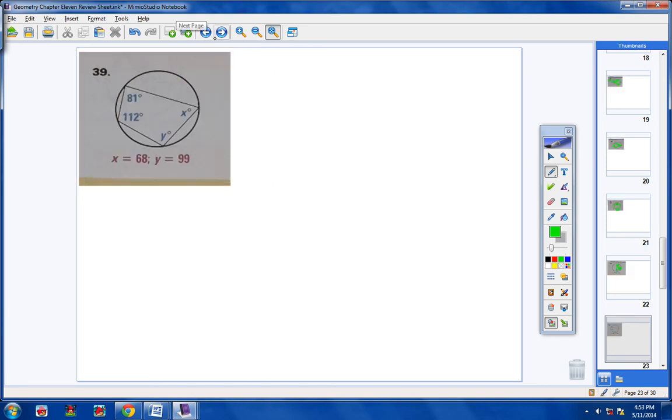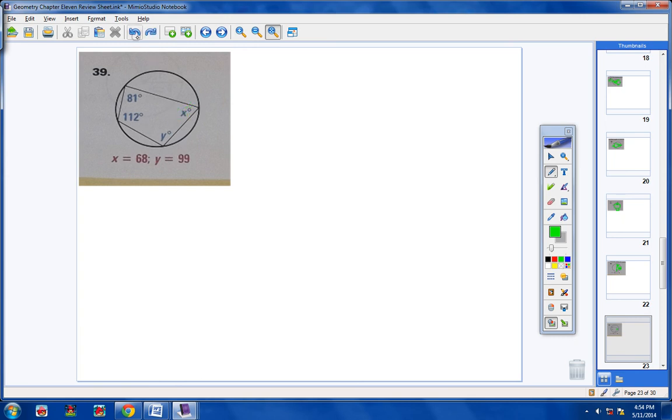Okay, now here's what we learned. We learned that whenever a quadrilateral is inscribed within a circle, opposite angles are always supplementary. So this angle here and this angle here are supplementary, and they're going to add up to 180. So this would have to be 68 degrees, because 68 plus 112 is 180.